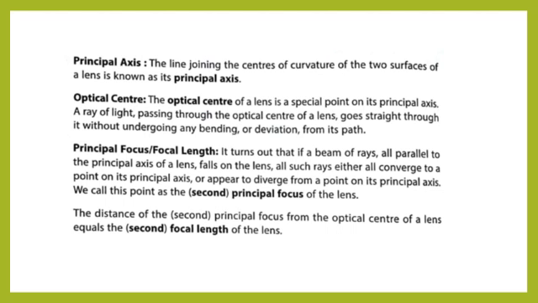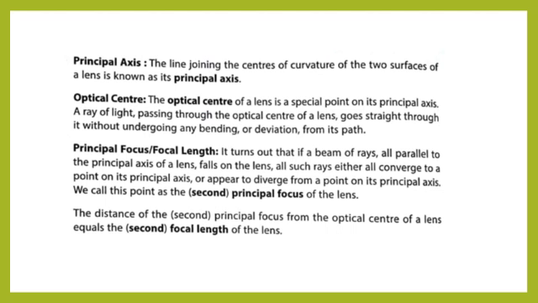Next term is principal focus or focal length. It turns out that if a beam of rays all parallel to the principal axis of a lens falls on the lens, all such rays either converge to a point on its principal axis or appear to diverge from a point on its principal axis.